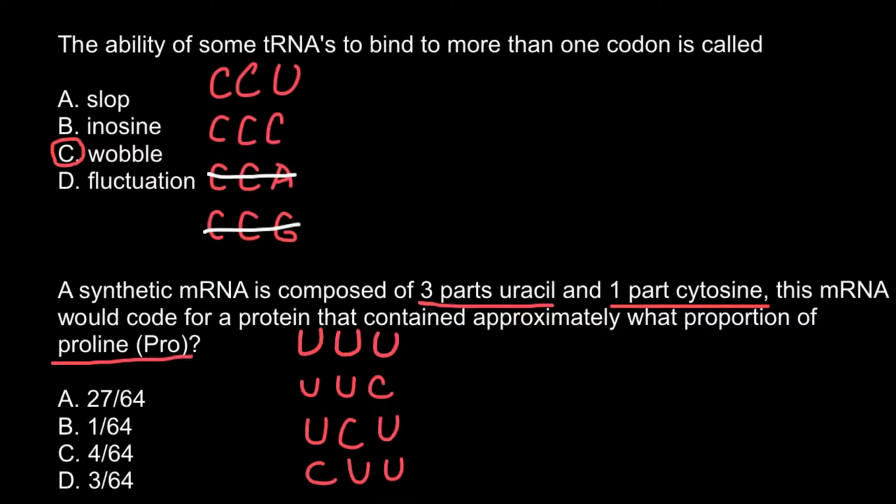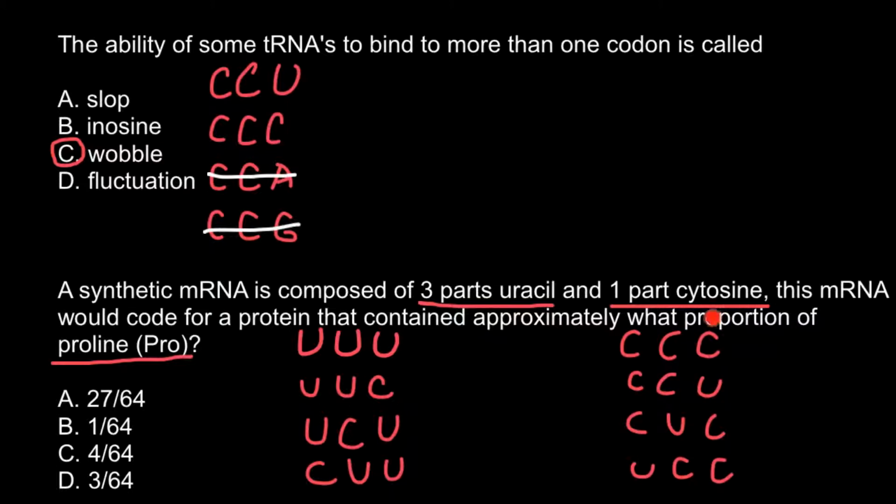The next combination could be cytosine, cytosine, cytosine. And the remaining combinations are those with two cytosines and one uracil: cytosine, cytosine, uracil; cytosine, uracil, cytosine; and uracil, cytosine, cytosine.